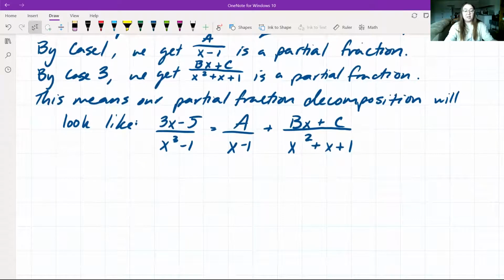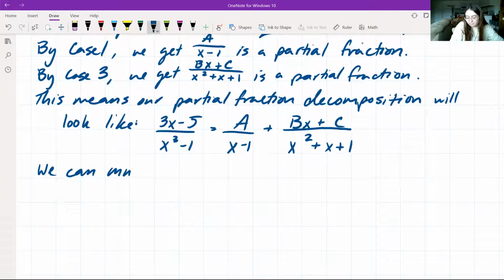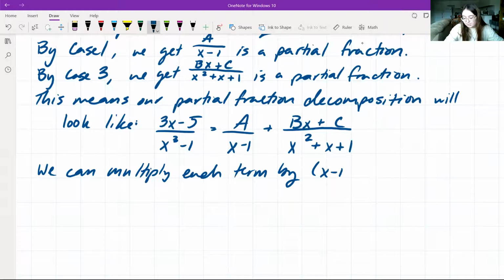And now we can multiply each term by x to the power of 3 minus 1, or we can just say x minus 1 times x squared plus x plus 1, which we know is equal to x to the power of 3 minus 1.